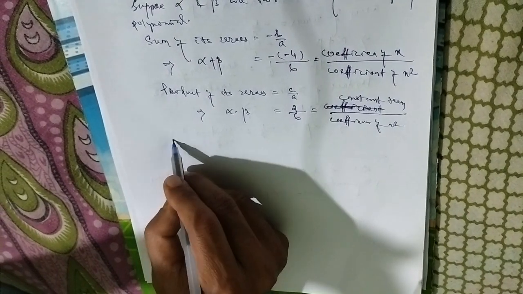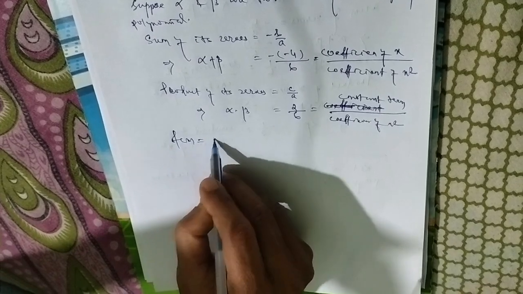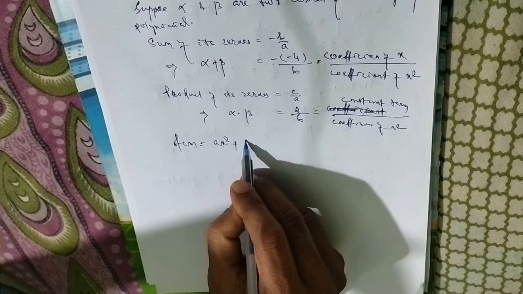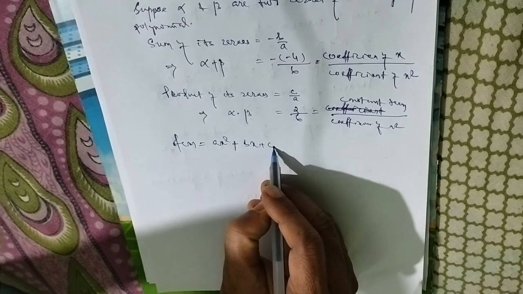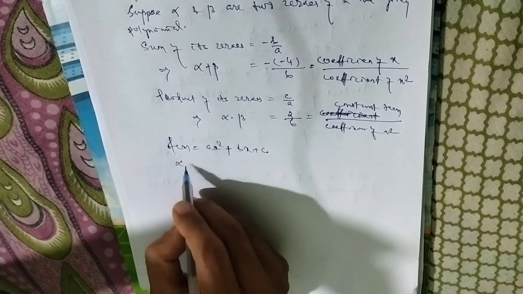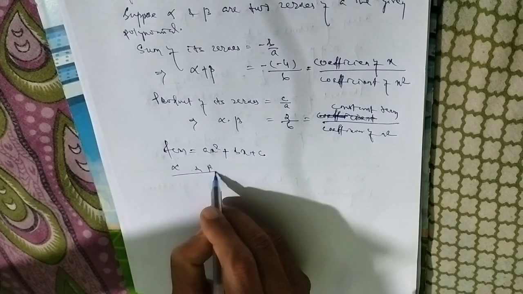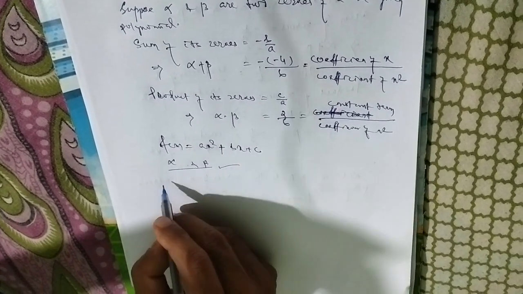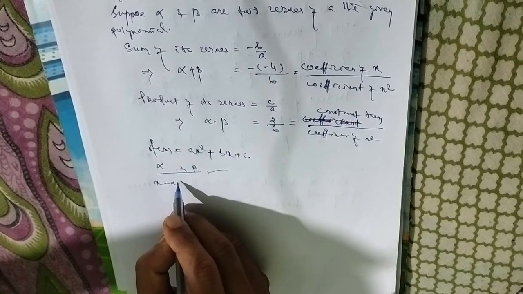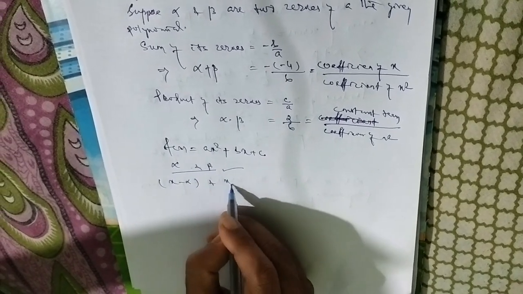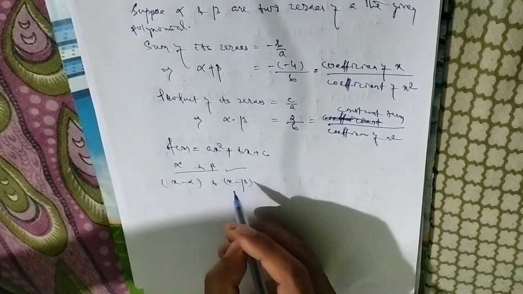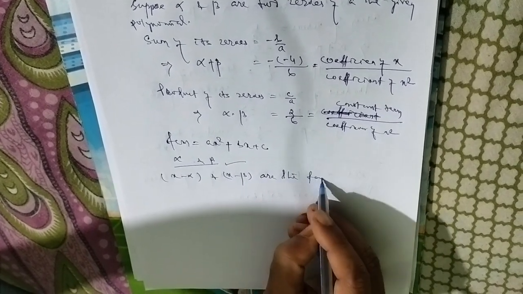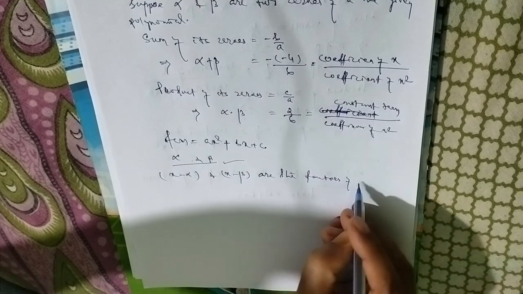Suppose f(x) is a quadratic polynomial, the equation is equal to ax square plus bx plus c. Here alpha and beta are two zeros. By the factor theorem, x minus alpha and x minus beta are the factors of f(x).